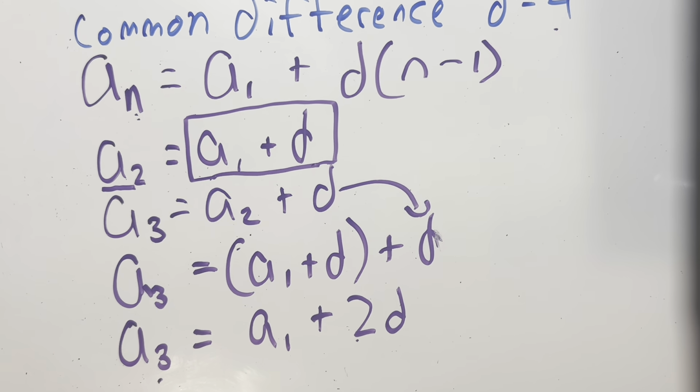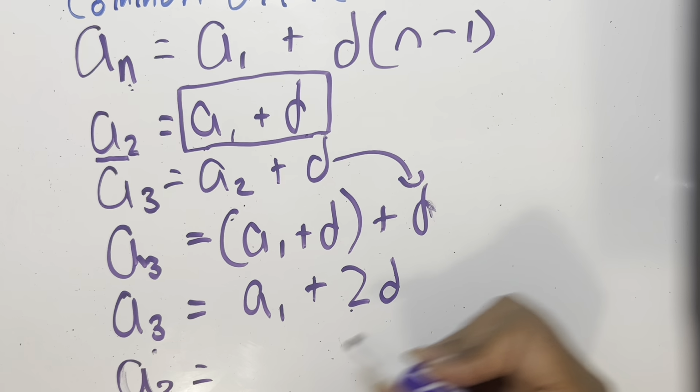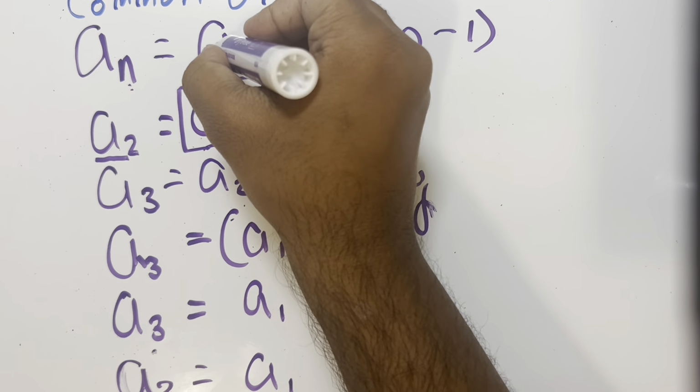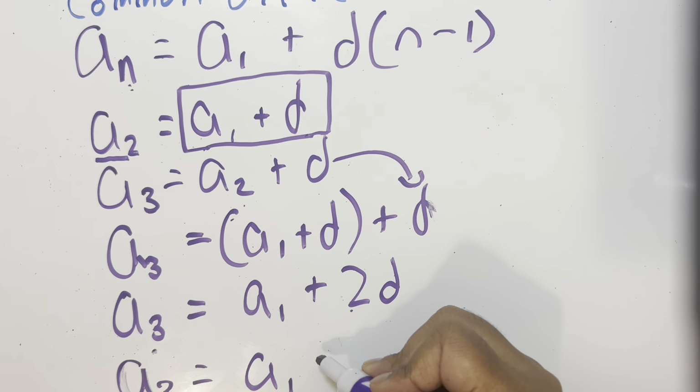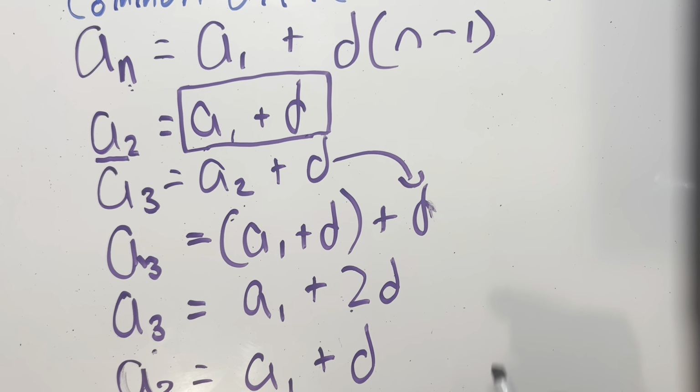If we followed the formula here, how would this work? Let's see if our formula would work in the same fashion, right? So following the formula, a sub 3 will equal a sub 1 plus d, and I'm looking at n minus 1, right?